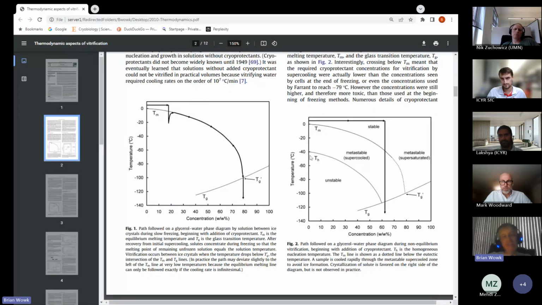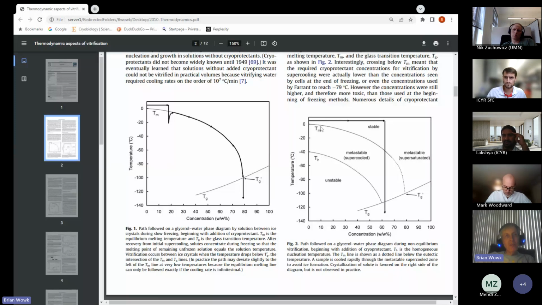Zachariasen in particular showed that you can get homogeneous nucleation temperatures as high as minus 30. It's just unlikely, or sometimes maybe even get a bit below minus 40. So this is not an exact hard and fast line the way the melting temperature is. But consider within a few degrees the beginning of no man's land ice formation.